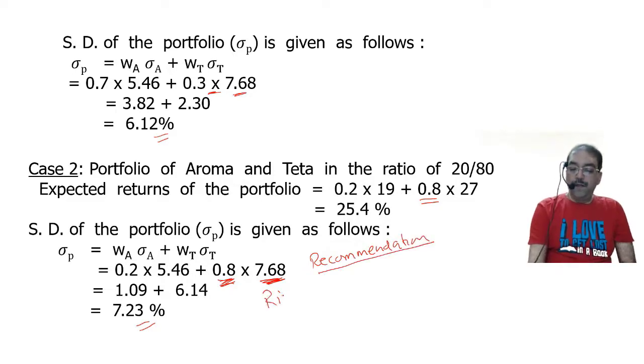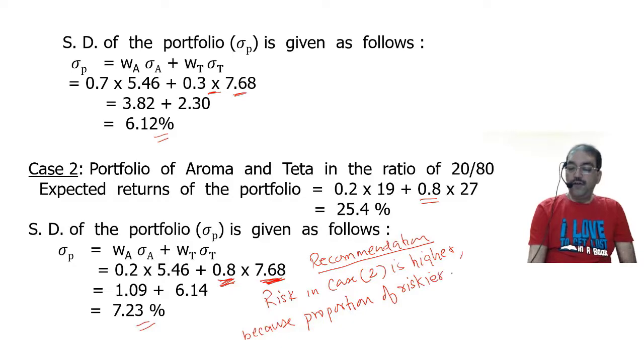Risk in case 2 is higher because proportion of riskier asset or riskier investment, that is theta, is higher, that is 80%.